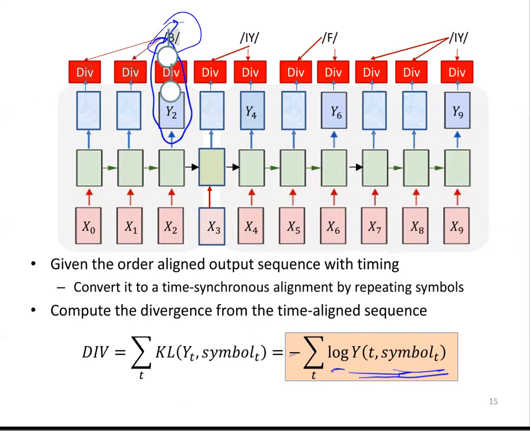And so the overall divergence is simply the sum over all time of the negative of the log probabilities assigned to the target symbols at each time by the network.